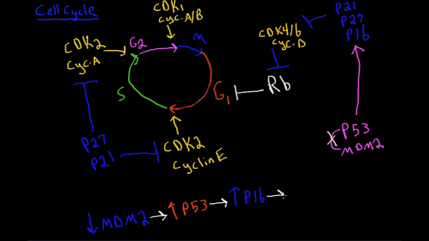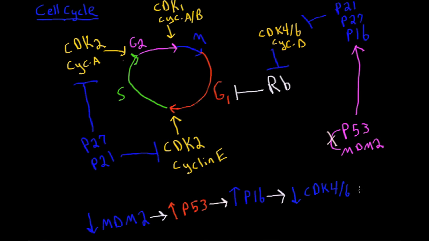So you have an increase of something that's inhibiting, so you're going to have a decrease of the next thing as well. That means you're going to have a decrease of the CDK4/6 complex. I'm just going to write CDK4/6. Decrease of CDK4/6.